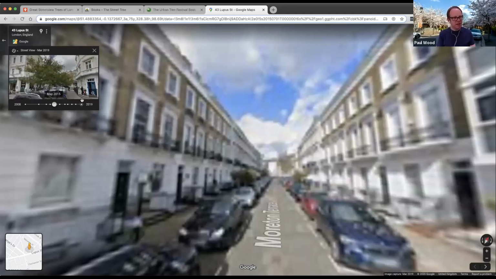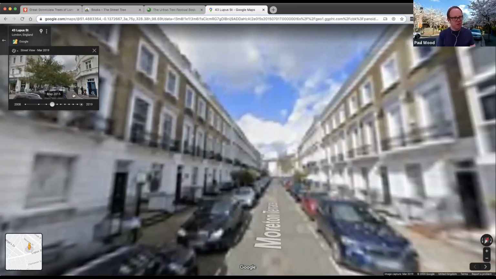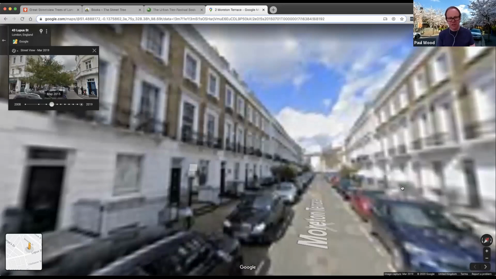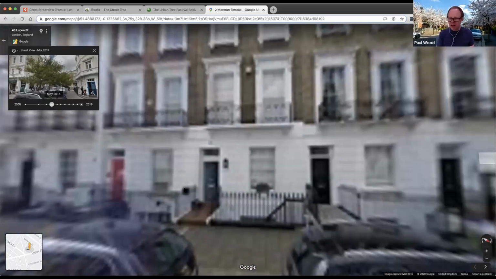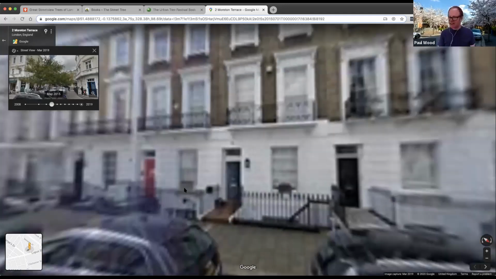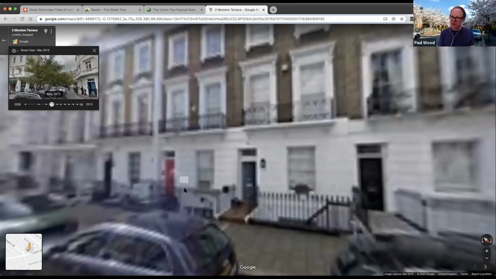But I'm not sure Street View is going to come good on us for this one. Let's have a look in September 2017. Oh, there's one in flower up the street, I think. Oh no, that was a window box. Haha, foiled again.